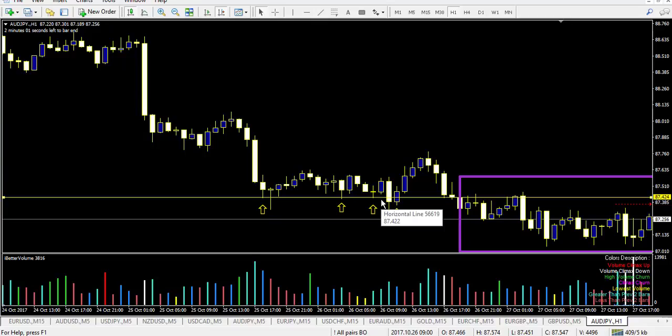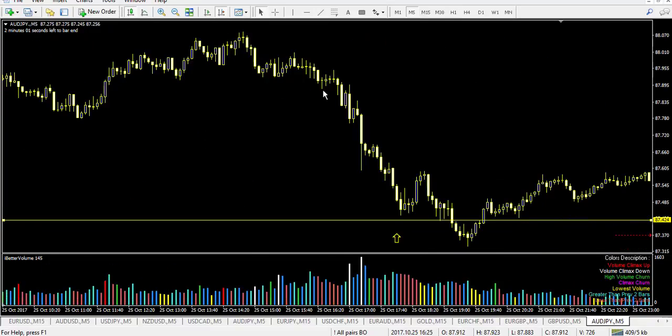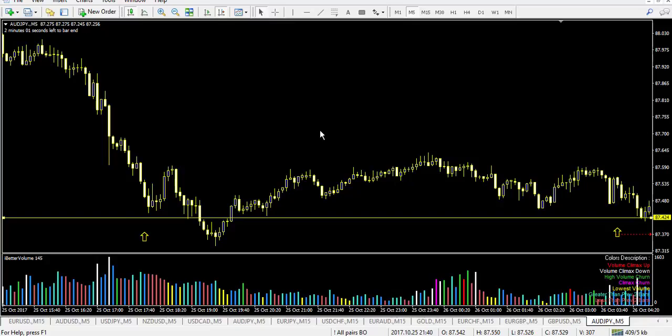Then the next step is to look at the 5-minute chart to fine-tune it. I take the 1-hour chart to get more order flow and to have a more reliable level. Then I fine-tune on the 5-minute chart and I verify if my level is correctly placed.